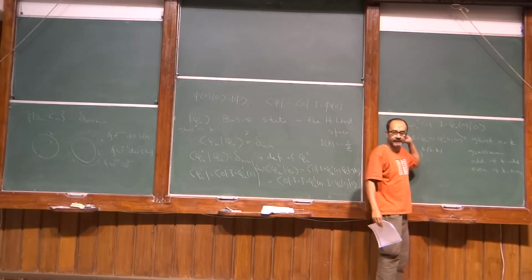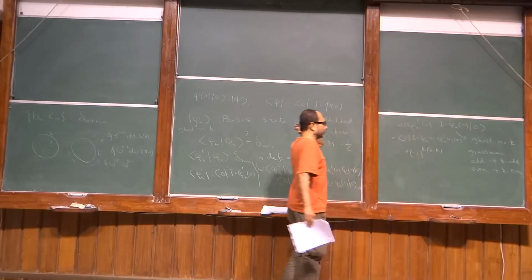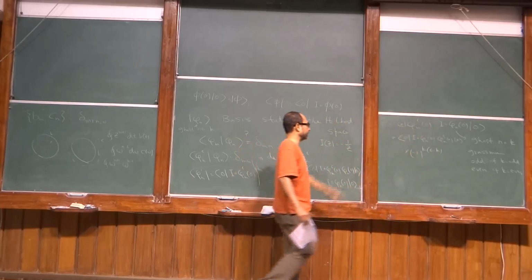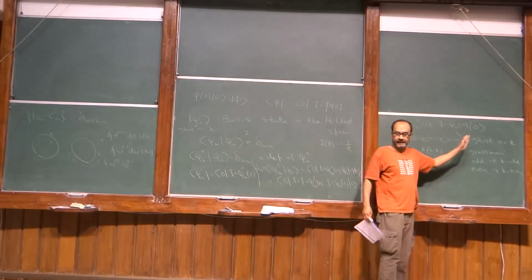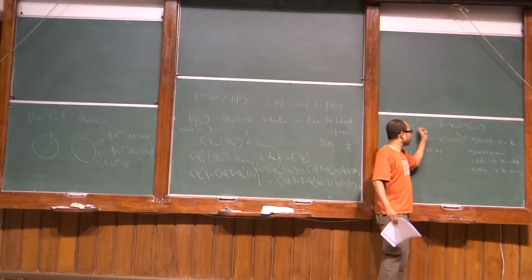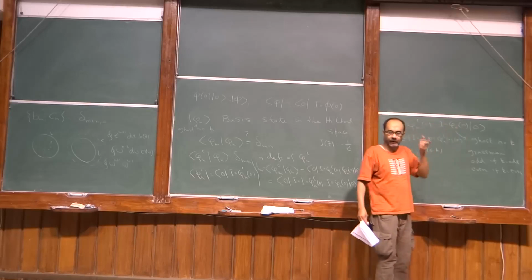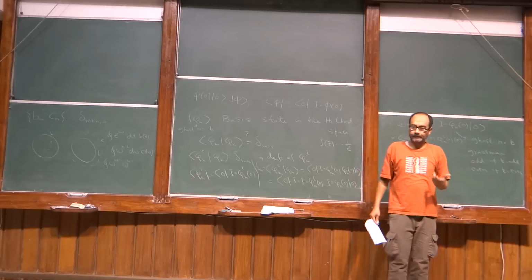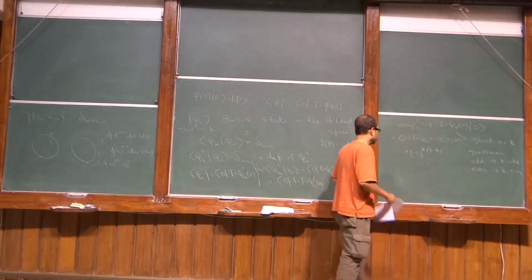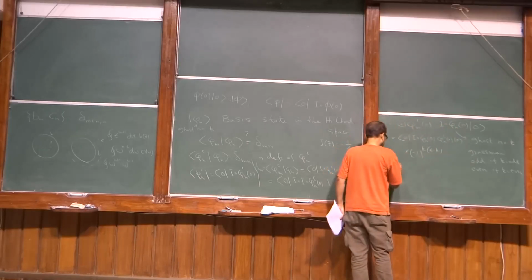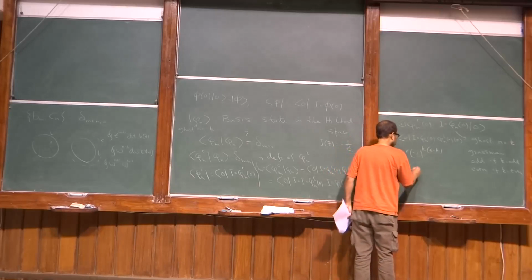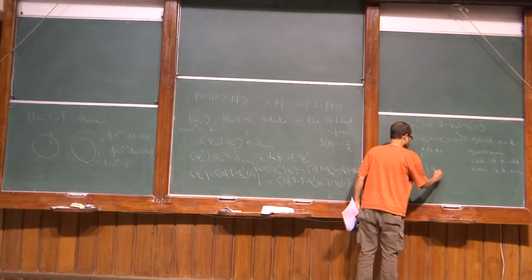Is this clear? You think of this as a time ordering, a radial ordering sitting here. But when you actually want to change the ordering, you put an extra minus sign, and that's this minus sign. So this is then minus 1 to the k times phi n c.